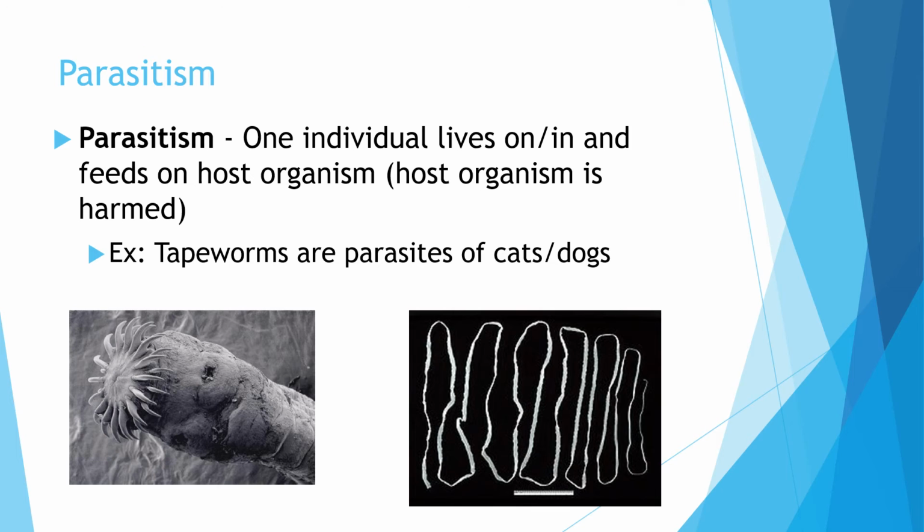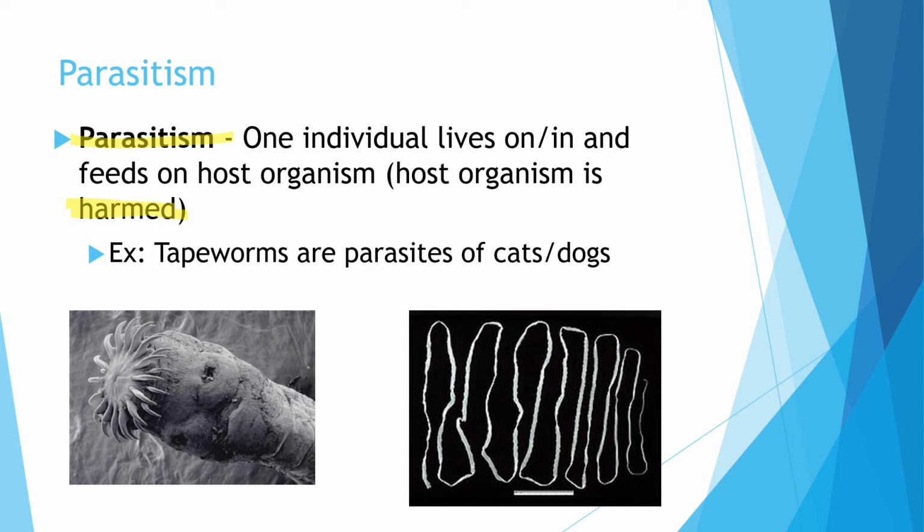The third example of symbiosis is something called parasitism. This is when one individual lives on or in and feeds on a host organism. So this is where one species benefits, but the other one is harmed. An example of this would be tapeworms or parasites in cats and dogs.